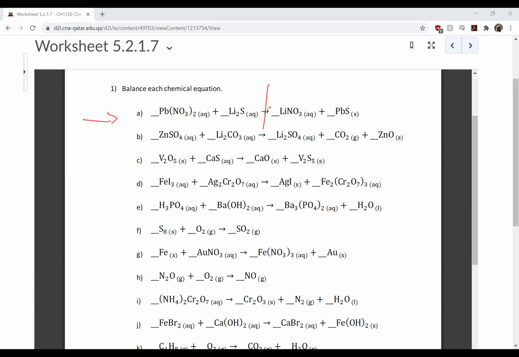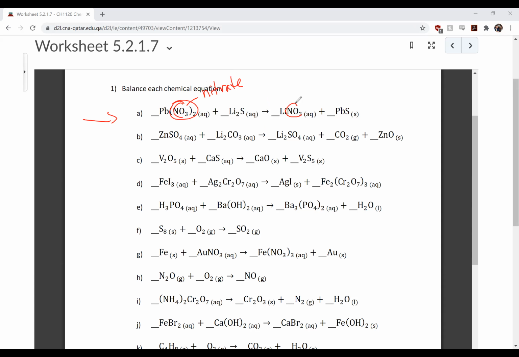So on the left, let's look at this element by element. I have one lead and one lead. Okay, so the lead seems to be pretty good right now, the Pb. Let's look at another chemical. I have, okay, well, this is an interesting one. I have 2 nitrates, and I'm going to think of this like one chemical. So this is nitrate, and I have 2 of them.